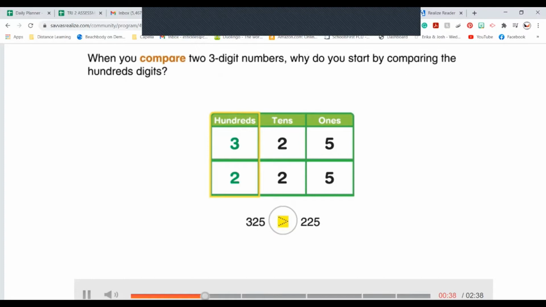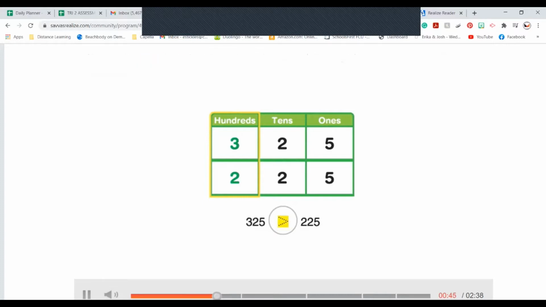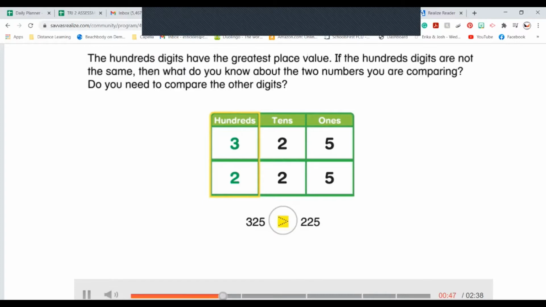When you compare two three-digit numbers, why do you start by comparing the hundreds digits? The hundreds digits have the greatest place value. If the hundreds digits are not the same, then what do you know about the two numbers you are comparing? Do you need to compare the other digits?